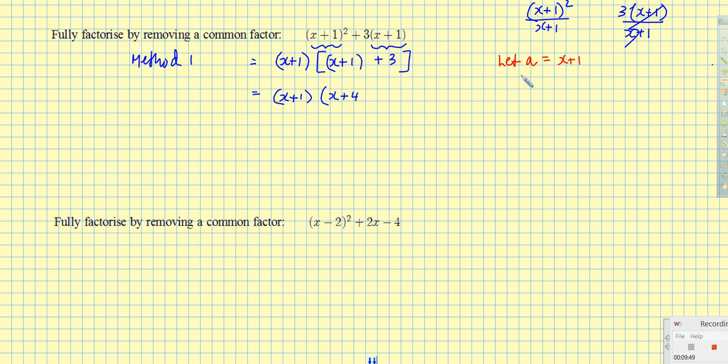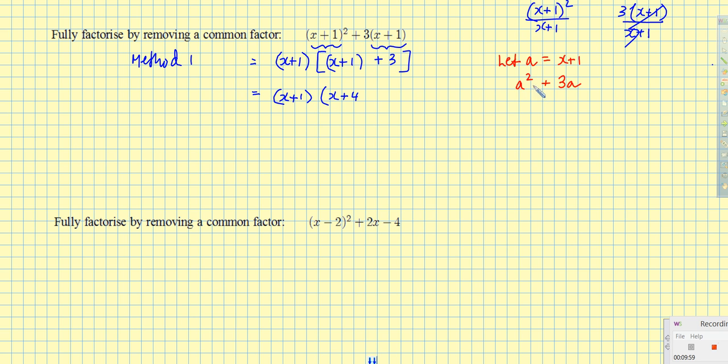Now, in doing that, I can rewrite this expression as A squared plus 3A, because there were two expressions of x plus 1 in the first term, and there was one x plus 1 in the second, and it was multiplied by 3.